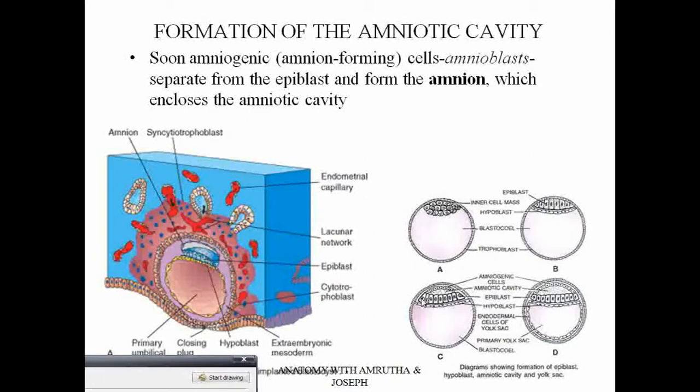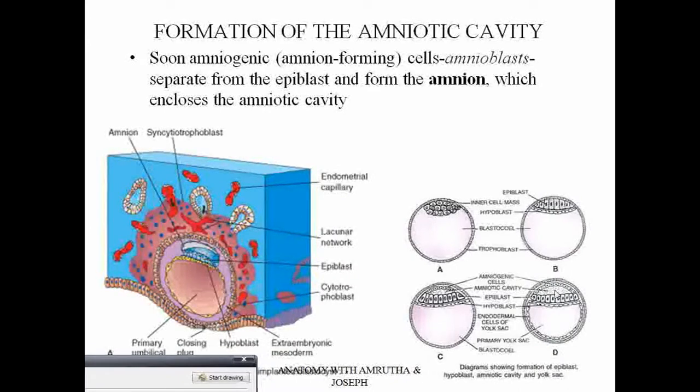They line the inner aspect of the trophoblast and meet on the other side, and thus it creates a cavity above the epiblast and below the amniogenic cells, and this cavity is called the amniotic cavity.